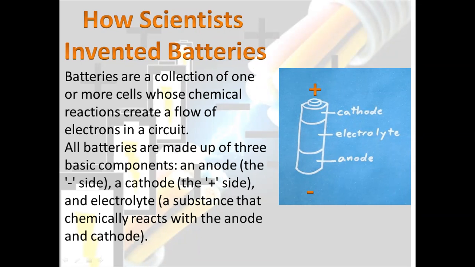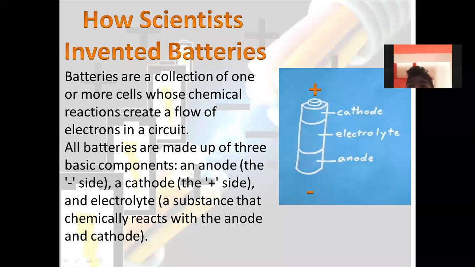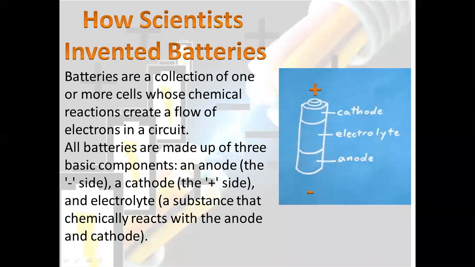So the scientific terms that we use for that are anode and cathode. Anode represents the negative side of the battery, and cathode represents the positive side. Now, the third thing which is inside these cells is known as electrolyte. This is the substance inside which is storing the energy, which is storing the electrons, which enables the flow of electricity when you connect it to a circuit. So these are the three things in a battery.